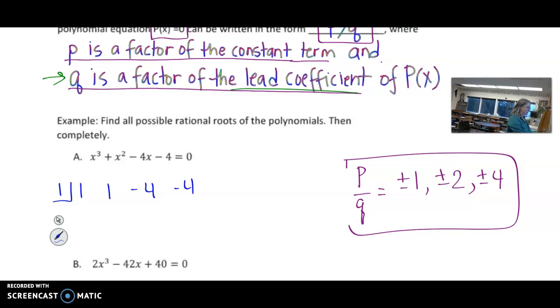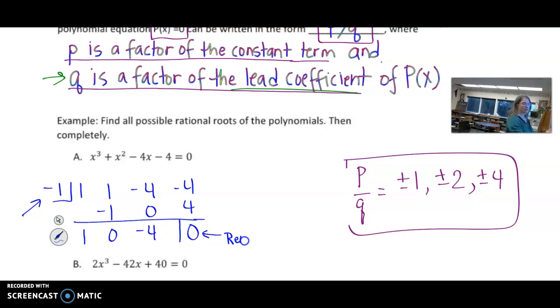So why don't you guys pause the video and try negative 1, and keep going until you find one that works. So when I tested negative 1 to see if it is a factor, it is a factor because I got a remainder of 0. So step 1 in factoring this polynomial, we can rewrite that as x plus 1, because if I'm dividing by negative 1, then the factor is x minus that, so x plus 1.